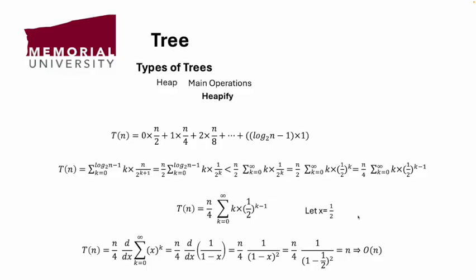From this formula, what can you think about? Let's assume x equals 1 over 2. So this is n over 4, and this formula will be k times x to the k minus 1. What can you think about that?